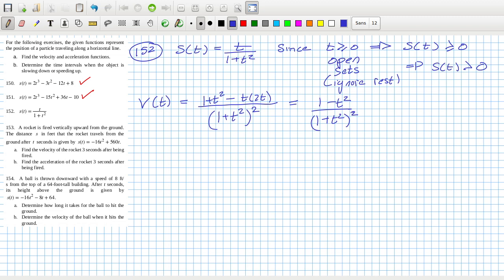And we only care about the sign. So that's 1 minus t times 1 plus t over 1 plus t squared squared.